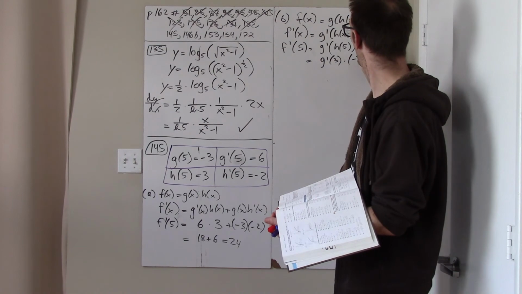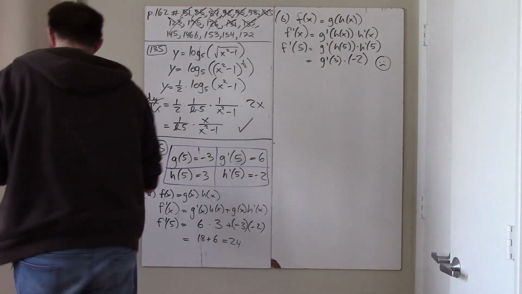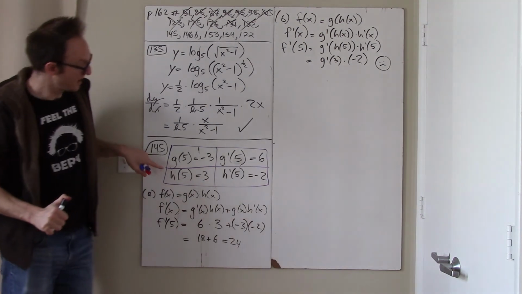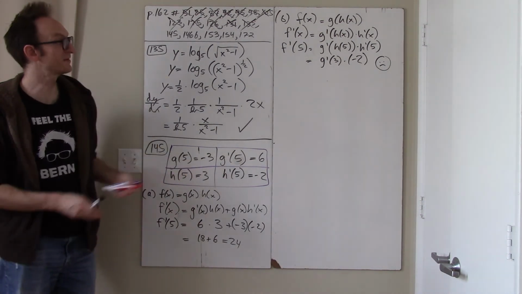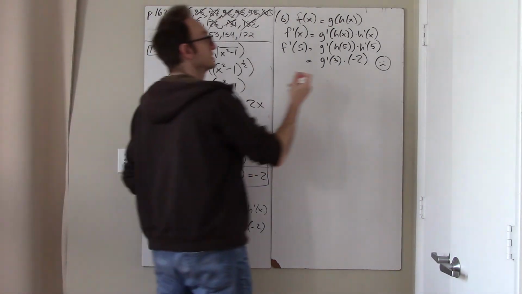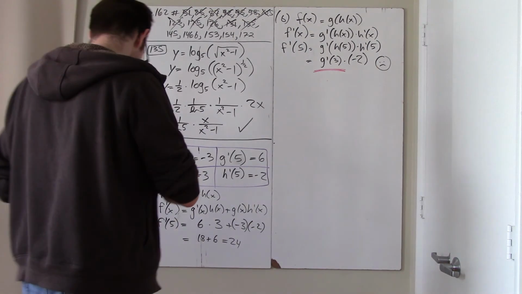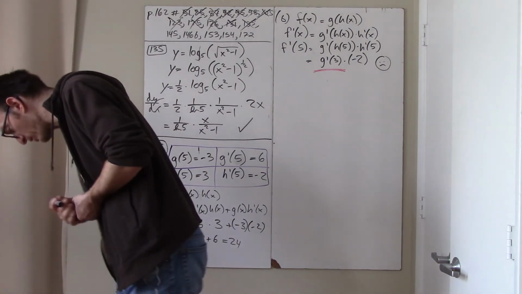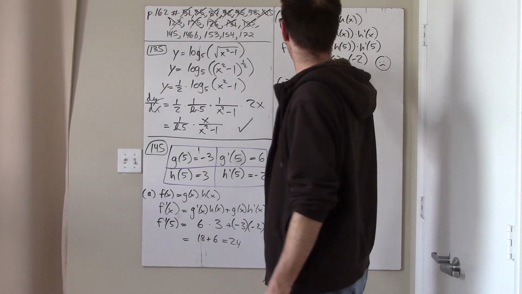But now I have to stop the problem, because I was only given information about g and h, their value at 5 and their derivative at 5, but I don't know what g prime of 3 is. So this is information I don't have. This was kind of a trick. We can't do this problem because we weren't given that information.